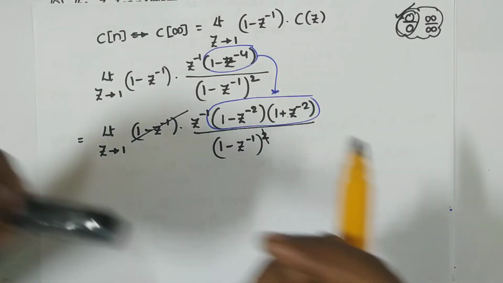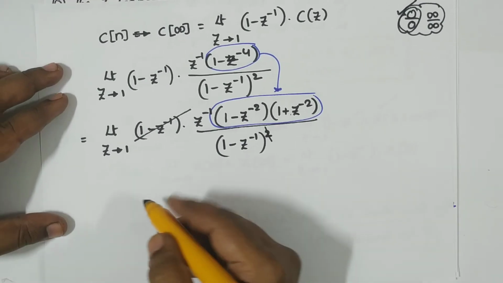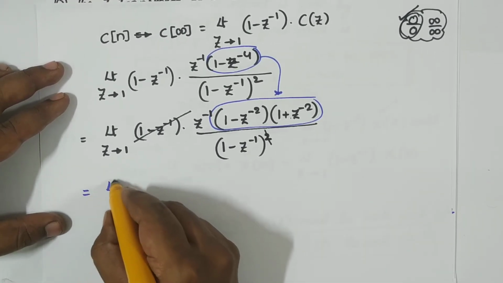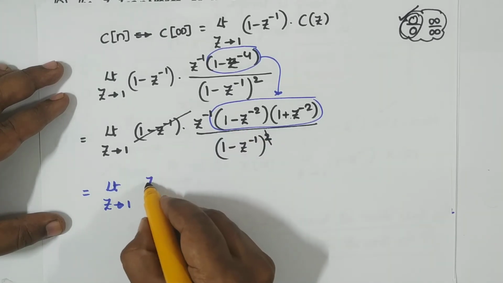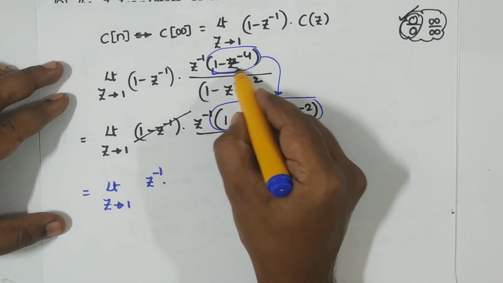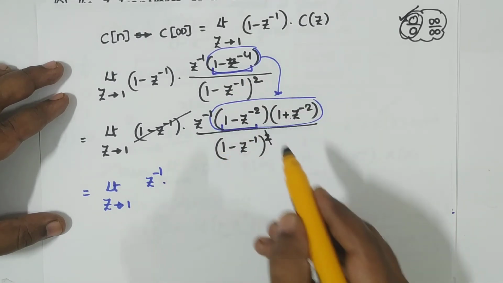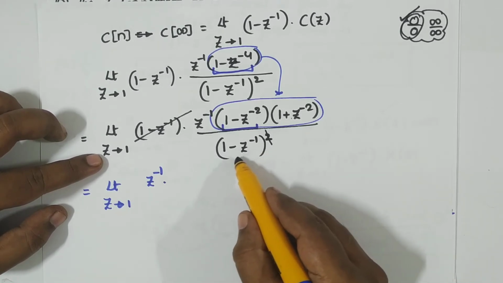Now further we can do something. Limit z tends to 1, I have z^-1 here. Like 1 - z^-4, we also have 1 - z^-2, because I just want to cancel this out as well.